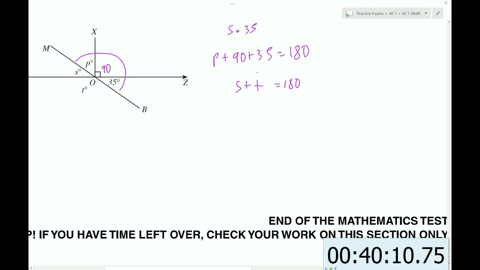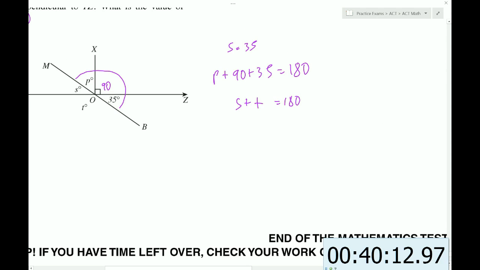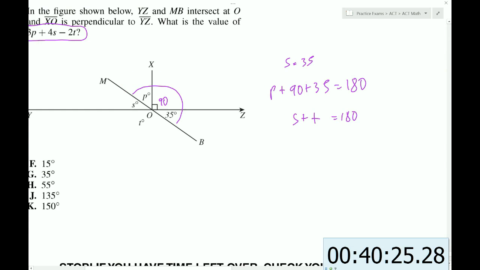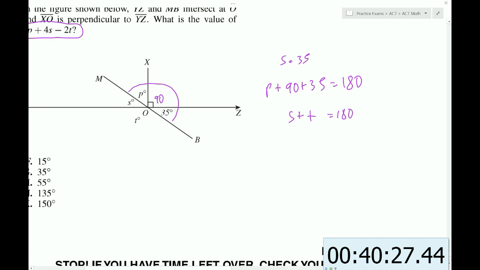Well, I have got 3 equations, but I don't think it's enough to eliminate all the variables. There's 3 variables. Well, really it's just P and T, right? So actually, I can solve it.